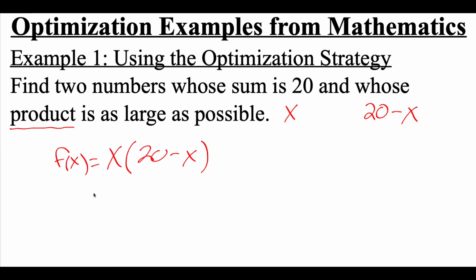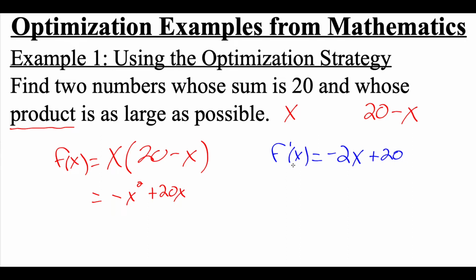Now, if I distribute that x in and maybe do a little rearranging, this is going to say negative x squared plus 20x. When we're looking for maximum or minimum values, we're going to look at the first derivative of our function. So if I find the derivative of this function, using the power rule, drop the 2 down as a multiplier, that'll be negative 2x, and then on the back end, it'll be plus 20.